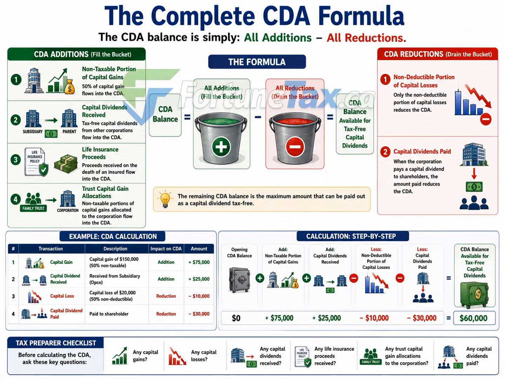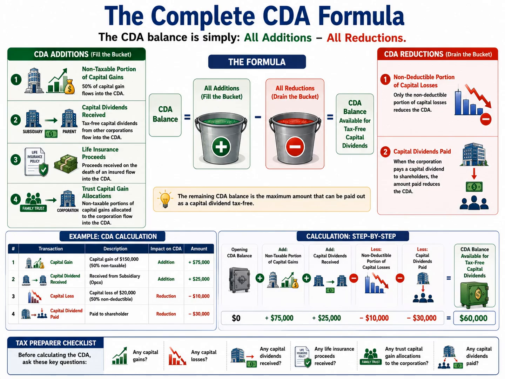Let's walk through the examples shown on this slide. The corporation realizes a capital gain of $150,000. Since only the non-taxable portion affects the CDA, $75,000 is added. Next, the corporation receives a capital dividend of $25,000 from another corporation. That amount is also added to the CDA. Later, the corporation realizes a capital loss. The non-deductible portion of that loss is $10,000, which reduces the CDA.